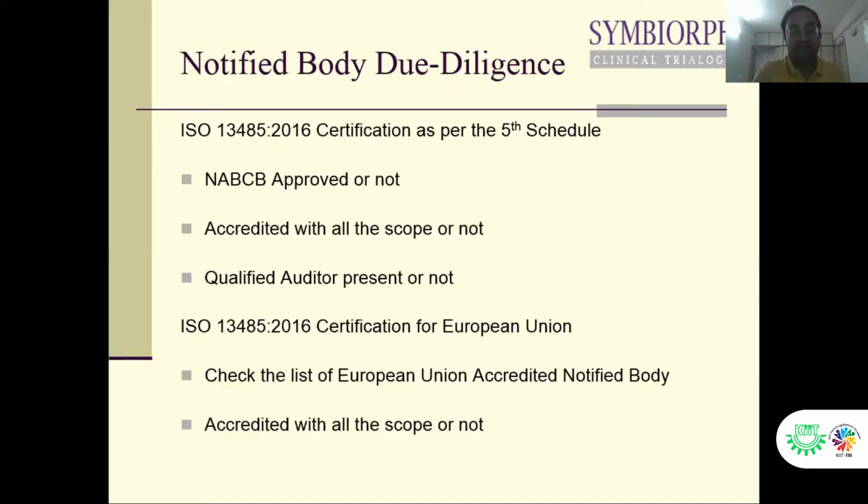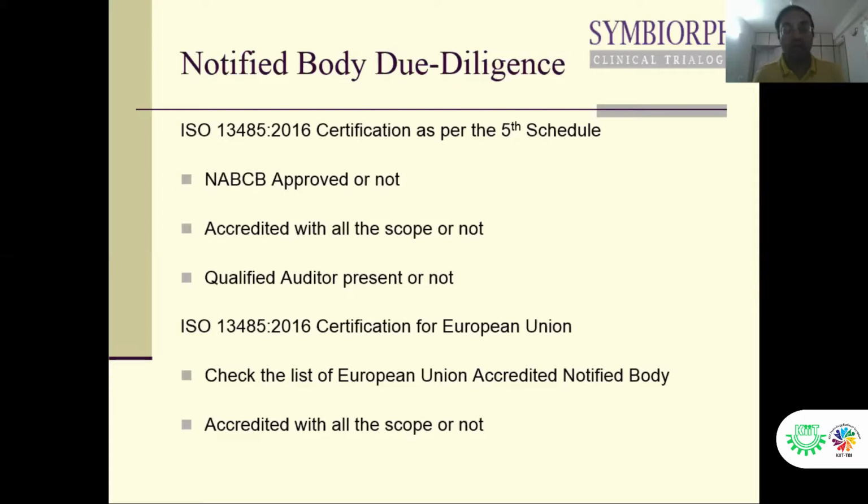Now, the second main point you should know about is the scope. The certification agency may have accreditation from NABCB, but do they have the scope for your devices? Many certification agencies might not have the scope in place for your set of devices.